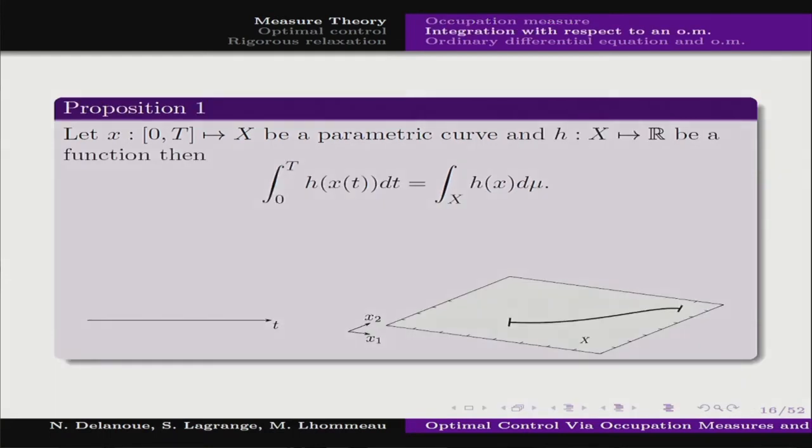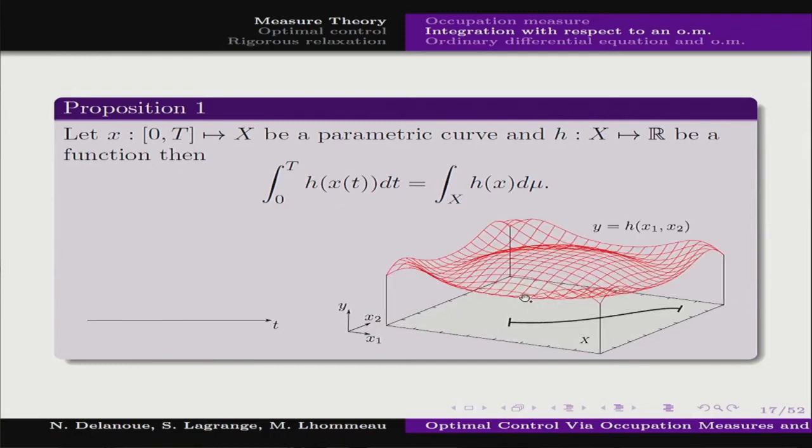So now, as soon as I have a measure, I would like to integrate a function with respect to this measure. Let me consider first a parametric equation and also a map which is defined on the state space. The map H is defined all over the space X, and I would like to compute this integral of H with respect to this occupation measure, mu, for example.